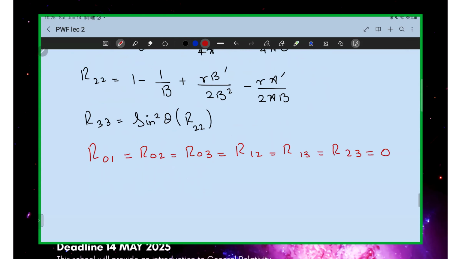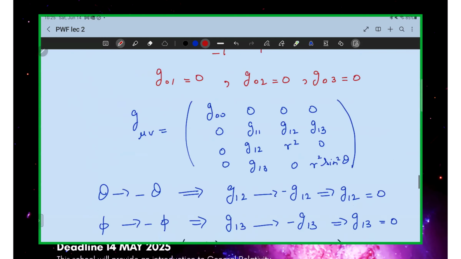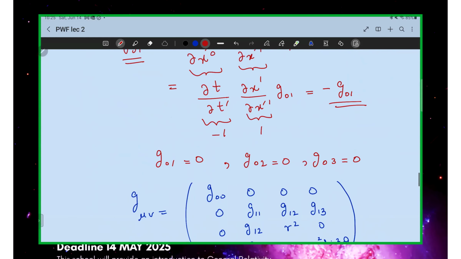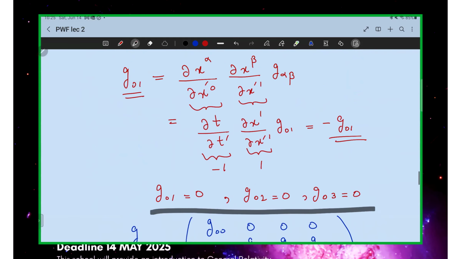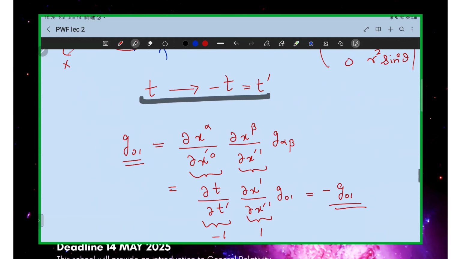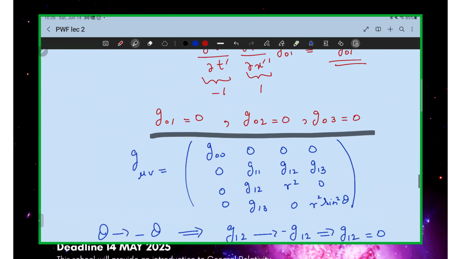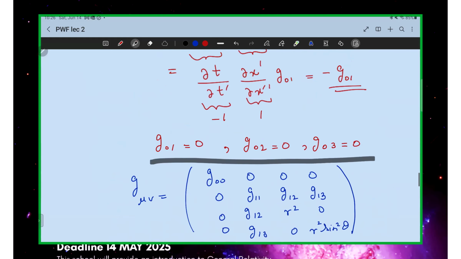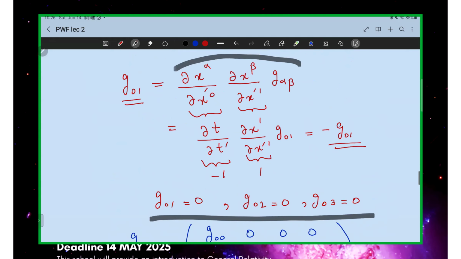No, it's not, because the arguments that I gave to show that the non-diagonal components of the metric tensor are 0 were based on these kinds of symmetries, that time goes to negative time, and theta goes to negative theta, and phi goes to negative phi. You can see that this argument, for example this transformation law that I was using, is not special to the metric tensor.